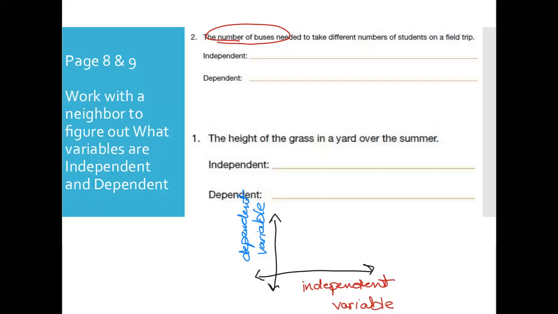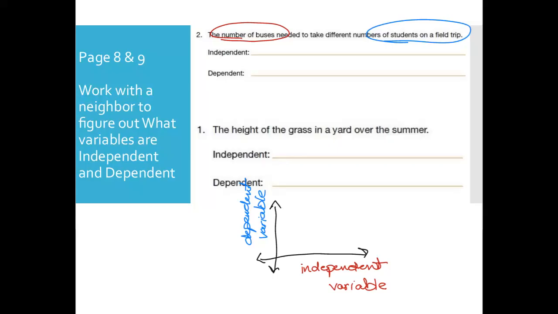And what's the other variable? Number of students. Excellent. Now, you and your partner need to decide which one's the independent, which one is the dependent. In other words, which one determines the other, or which one doesn't need the other one, but the other one definitely needs the first one in order to happen. I don't want to say too much without giving it away.